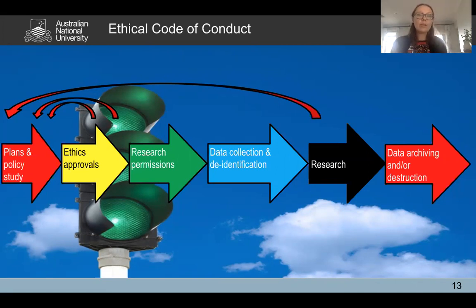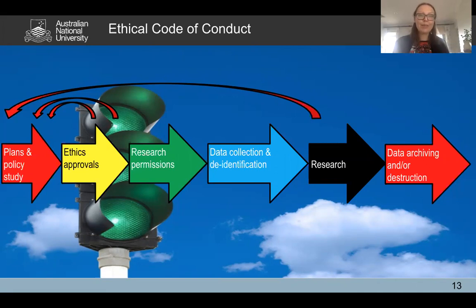Usually after that, there's a data collection and de-identification process. Sometimes the de-identification is not needed, but very, very rarely the data would be there ready to go just to be fed into the machine learning system in real life cases.